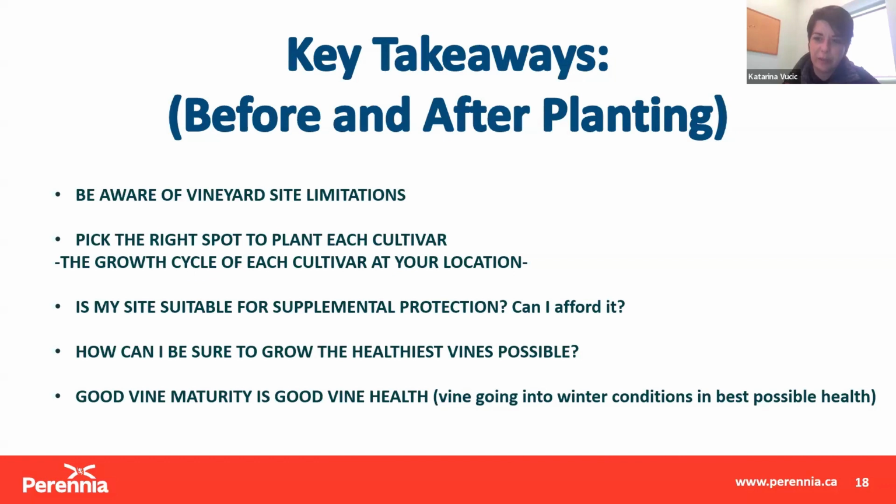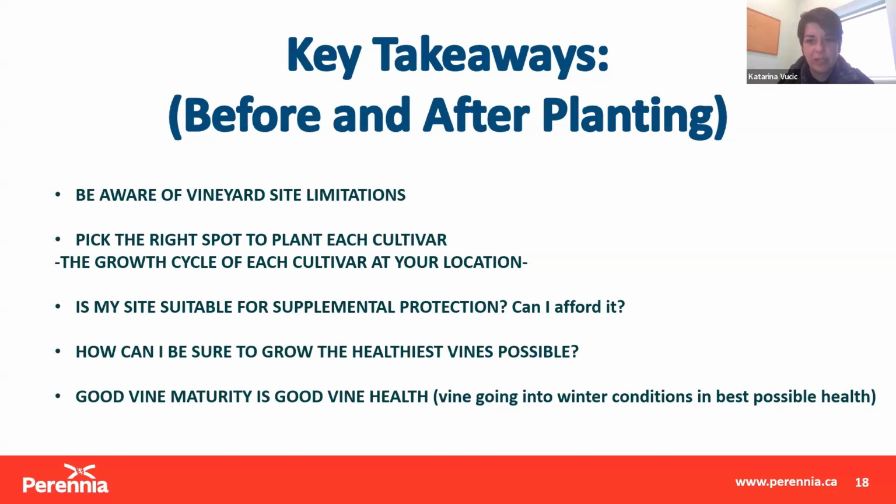Some key takeaways. So what are we thinking about before and after planning? As we've reiterated, be aware of your vineyard site and its limitations. Pick the right spot to plant each cultivar. The growth cycle of each cultivar and your location are very important. And especially now when you have a chance to look at what's happened, figure out what you want to do in the future.